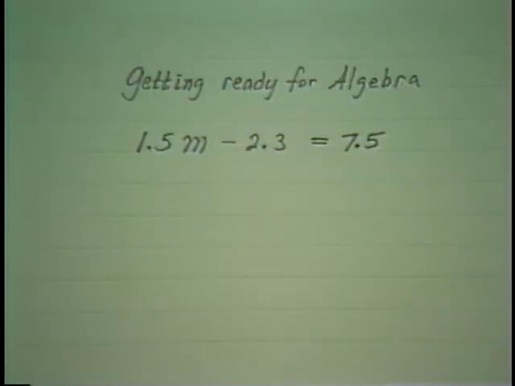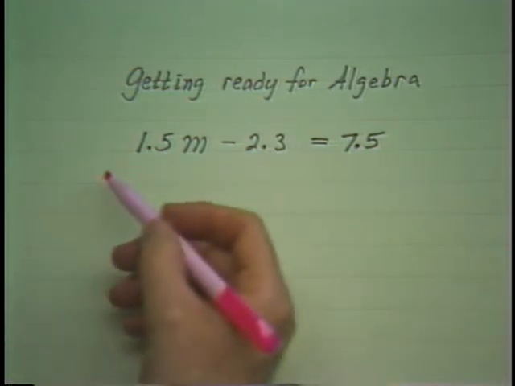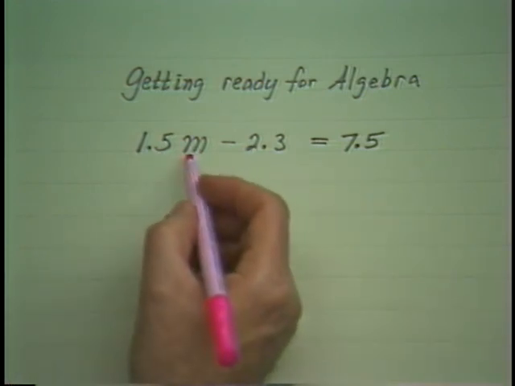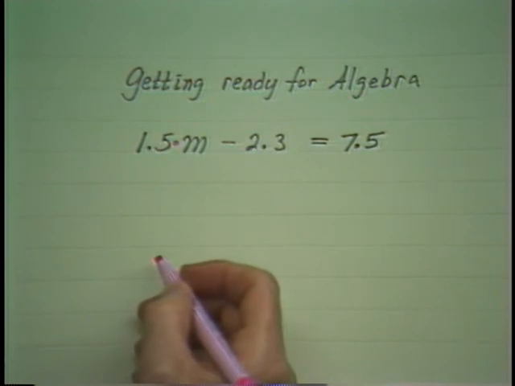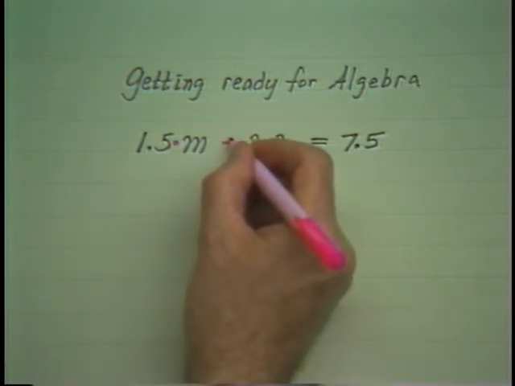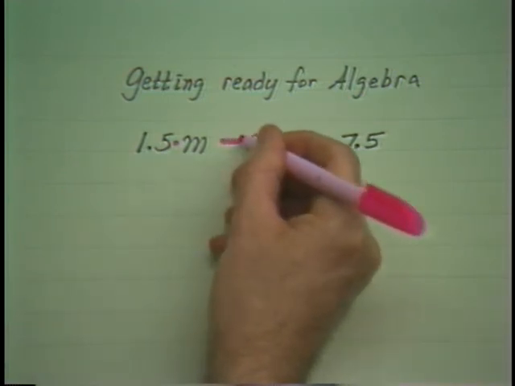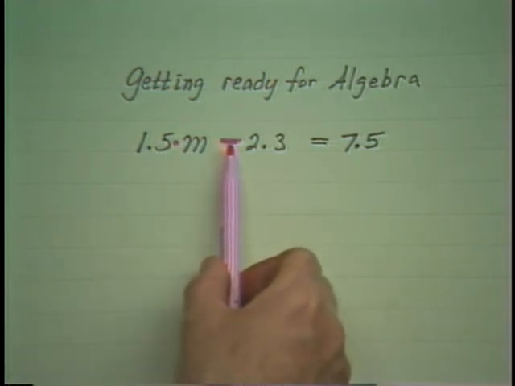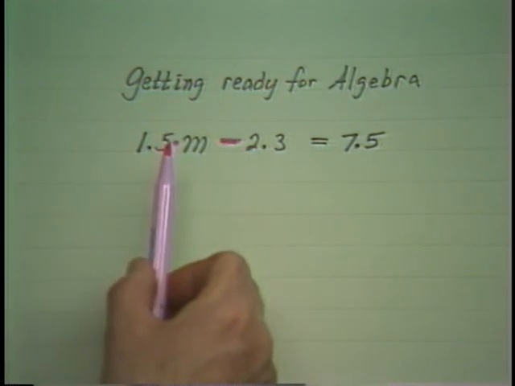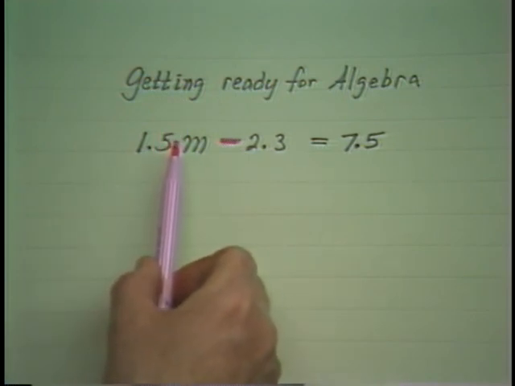Now let's also use decimals to review once again in our getting ready for algebra exercise. If you have a simple equation where the variable is being operated on by multiplication and/or division along with subtraction and/or addition, recall that we undo subtraction and addition before we undo the multiplication or division.